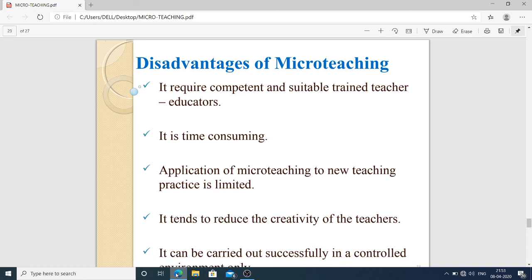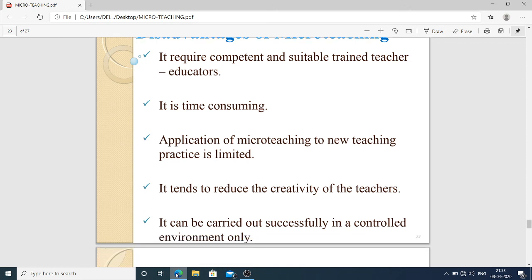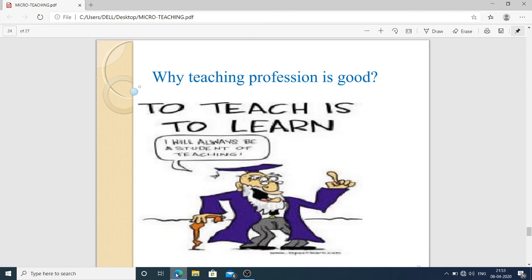It is time consuming, it takes time. Application of micro teaching to new teaching practice is limited. It tends to reduce the creativity of the teachers. It can be carried out successfully in a controlled environment only.